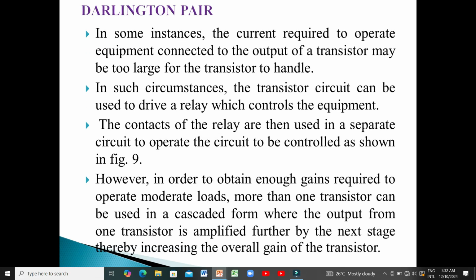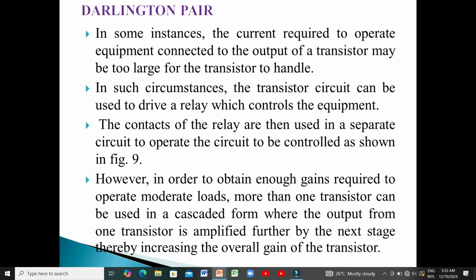Darlington pair. In some instances, the current required to operate equipment connected to the output of a transistor may be too large for the transistor to handle. In such circumstances, the transistor circuit may be used to drive a relay which controls the equipment. The contacts of the relay are then used in a separate circuit to operate the circuit to be controlled, as shown in Fig 9.